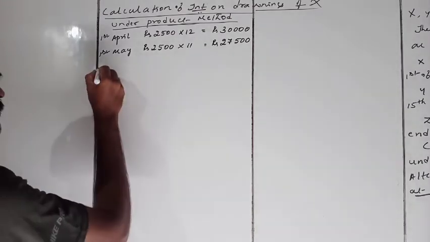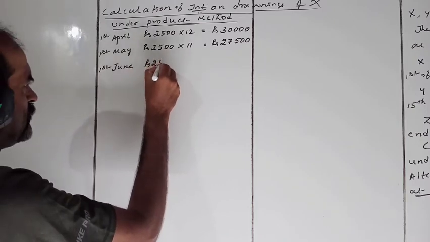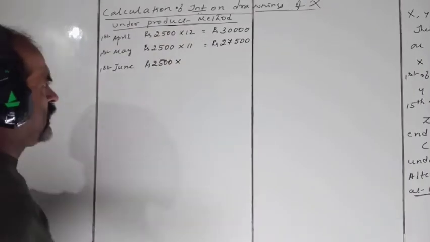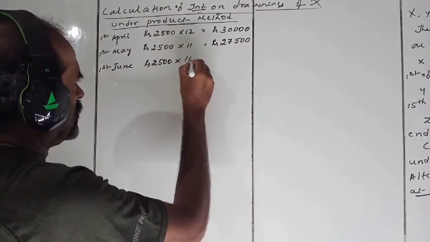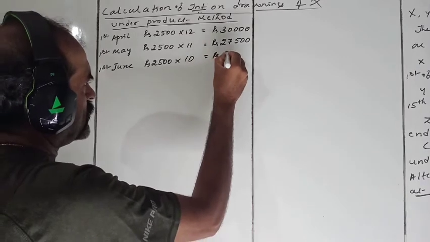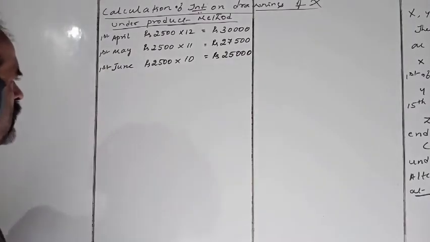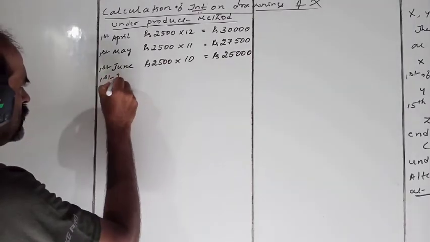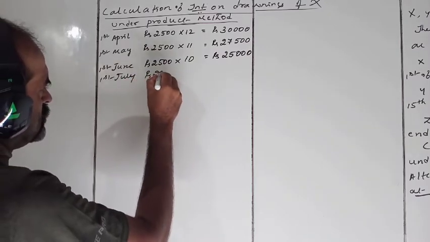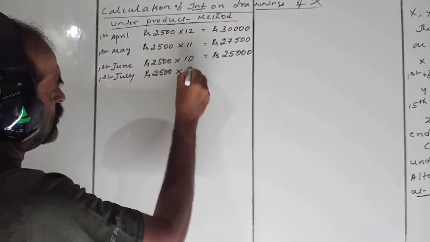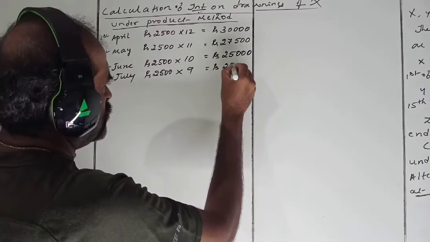The next, on 1st June, the partner withdrew rupees 2,500. From 1st June to 31st March, there are 10 months. The total product comes to rupees 25,000. Next, 1st July, rupees 2,500 for 9 months, rupees 22,500.